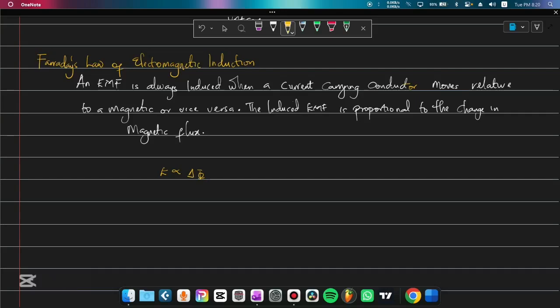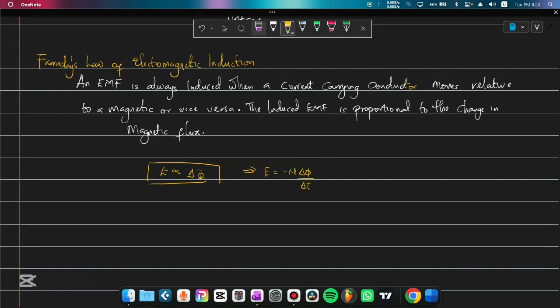I know it's beginning to look like Greek, but trust me, we'll explain everything in detail. In this equation that you have here, this is a variation sign. If you change this variation sign to an equality sign, then a constant is introduced, and it becomes E equals negative N change in phi over change in time.